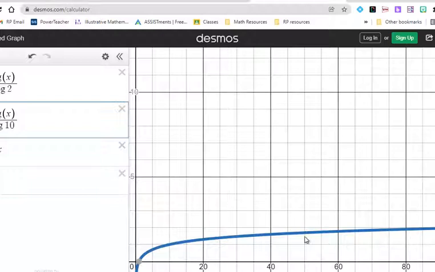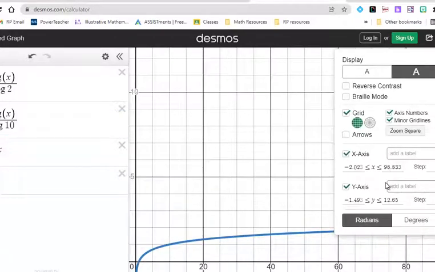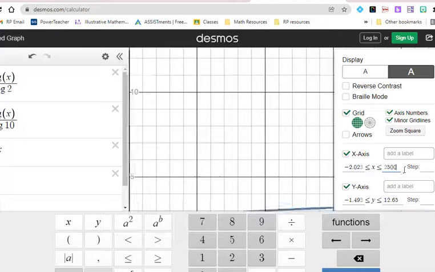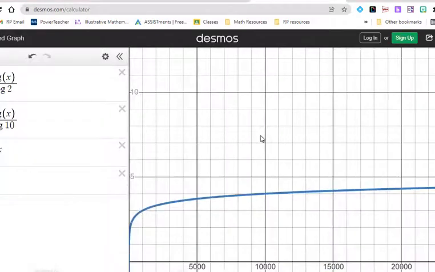It also asks us d of 20,000, so we're going to have to adjust our graphing window as needed, at least that's what our workbook says. So if I need an input of 20,000, my x needs to go up above 20,000. I'm going to put that at 25,000 on my Desmos, 20,000 now on my screen.